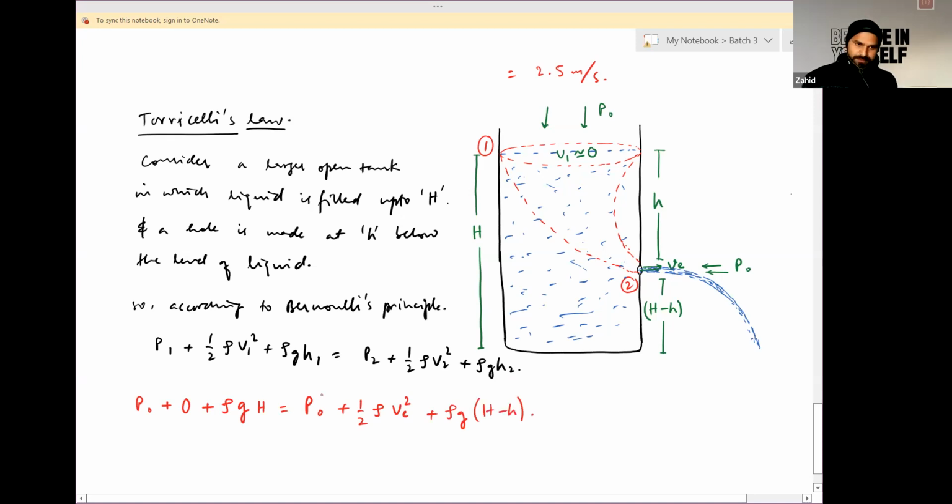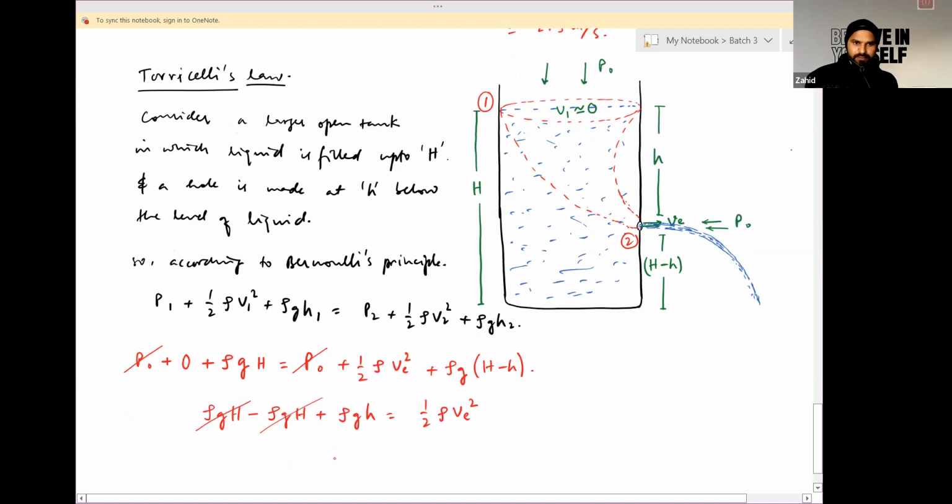So this P naught will cancel out. Move this term to the left side, so you'll get rho g H minus rho g (capital H minus small h) equals half rho V squared. This term and this term will cancel out. Rho and rho will cancel out.